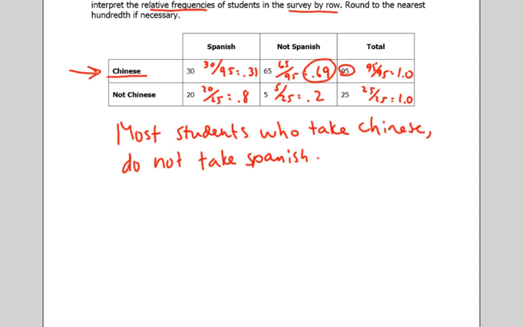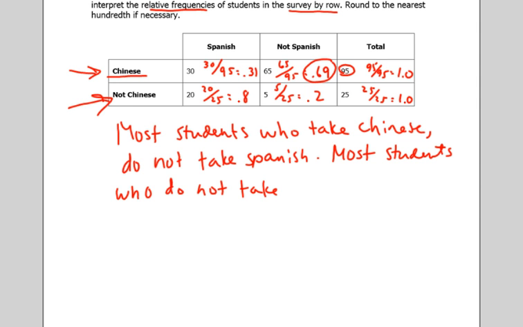Likewise, most students, now I'm looking at this row, who do not take Chinese take Spanish. So it's kind of just telling what the relative frequency or what the chart shows.